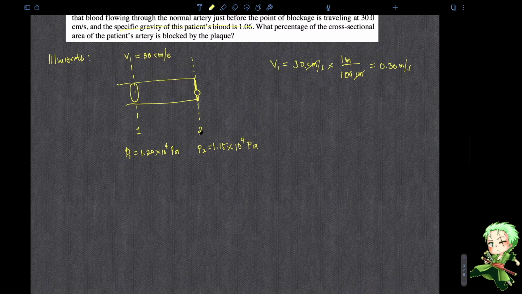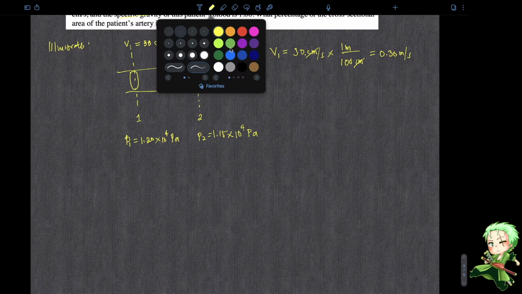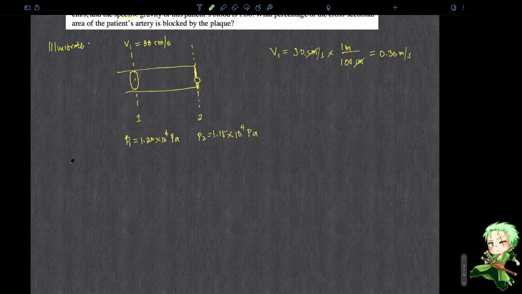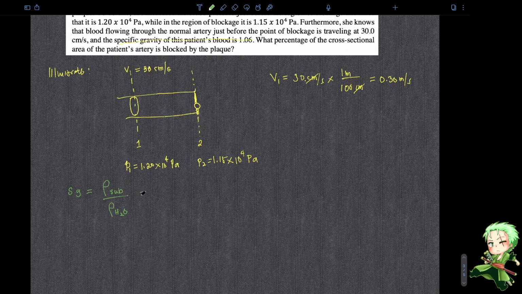Now from the problem, I have mentioned earlier that it's very important to note the specific gravity that is given. So we know that specific gravity is equal to the density of the substance in question divided by the density of water. The substance in question in this case is your blood.